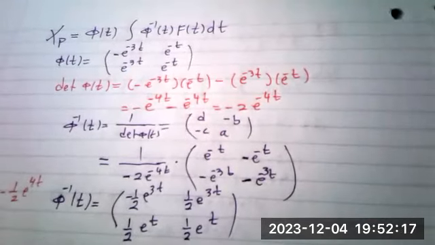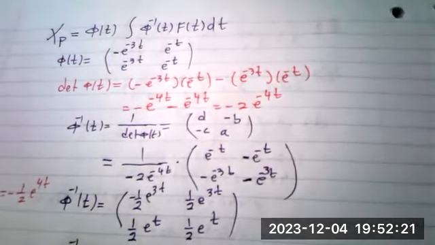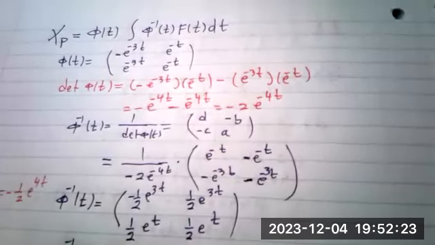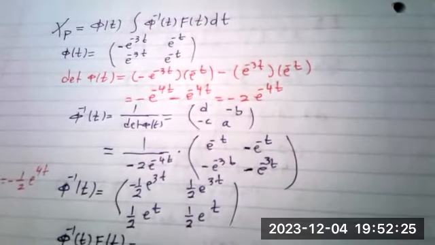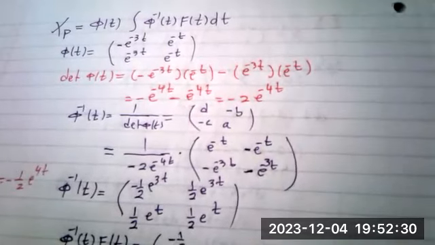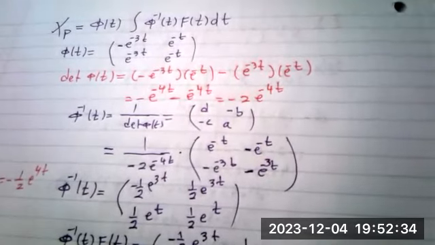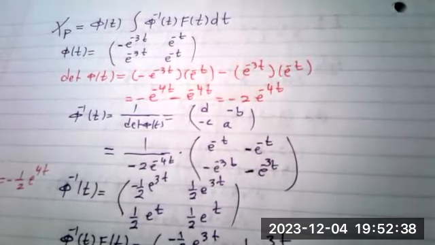So what's going to be phi inverse of t times f of t? Remember f of t is just the original function that you have. So this is it. It's negative 1/2 e to the 3t, 1/2 e to the 3t, 1/2 e to the t, 1/2 e to the t.